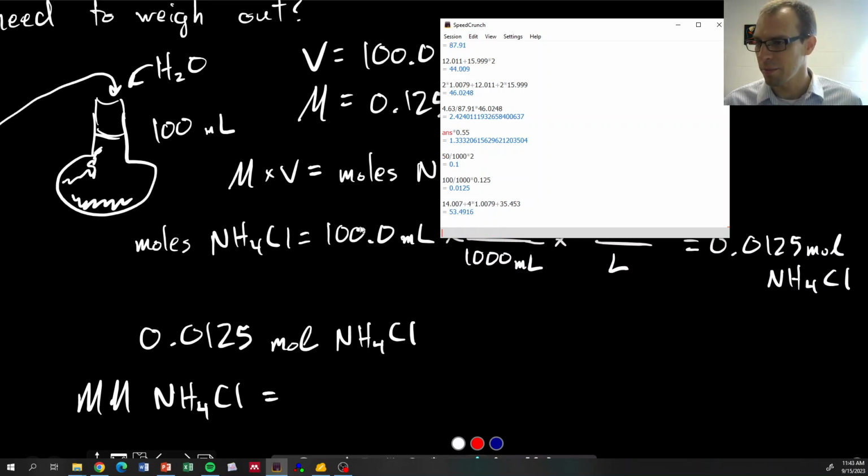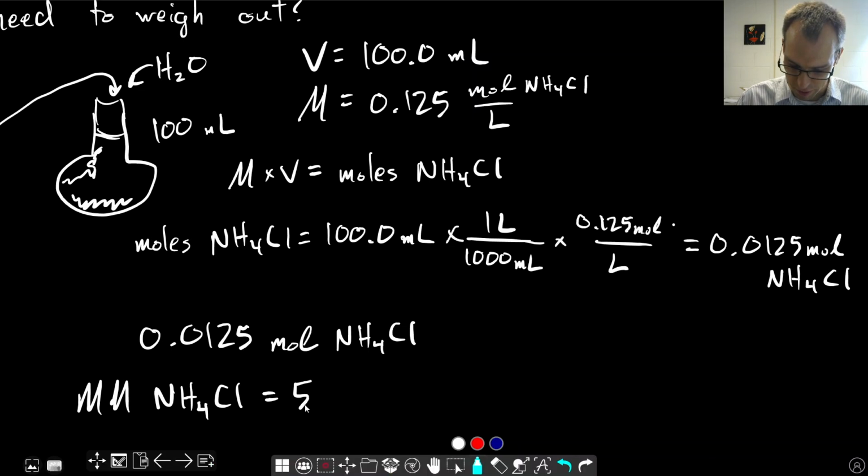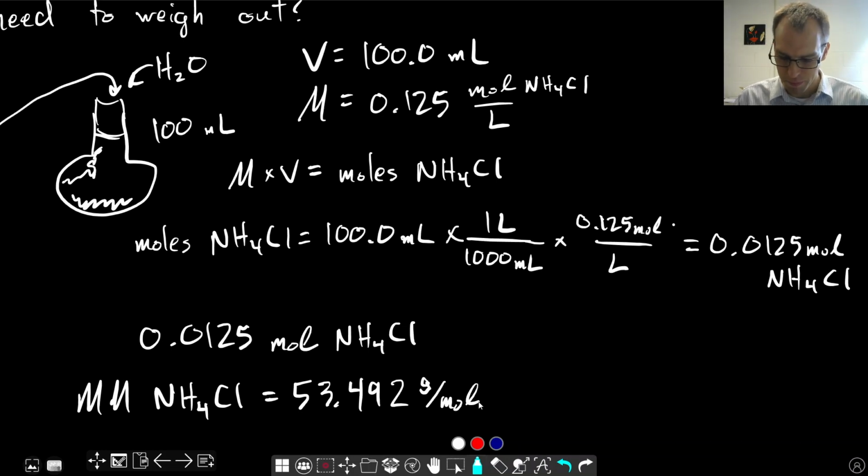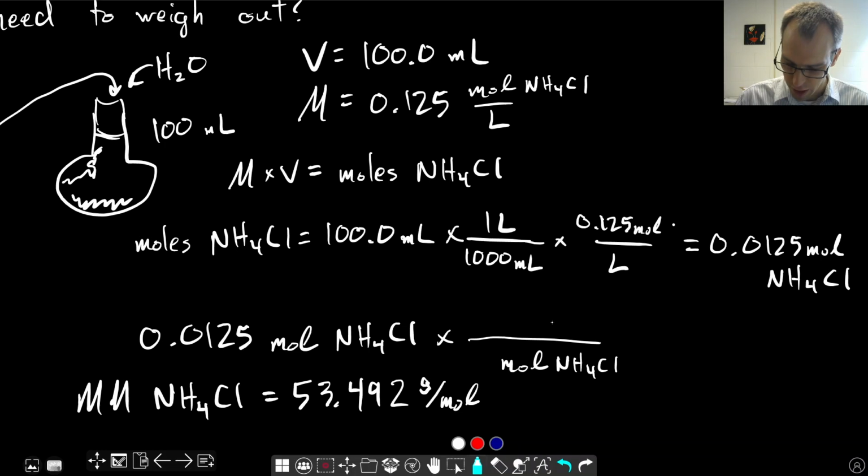So if we add all those up, we get 53.492, just rounding a little bit, grams per mole. That's the molar mass of ammonium chloride. And so we're going to use that in this calculation here. In this case, we need moles in the denominator, and our grams will be in the numerator.